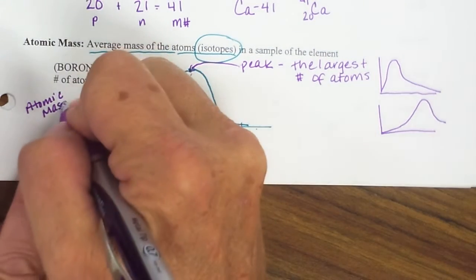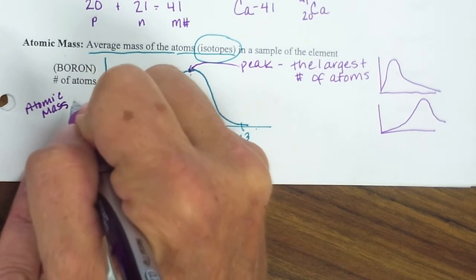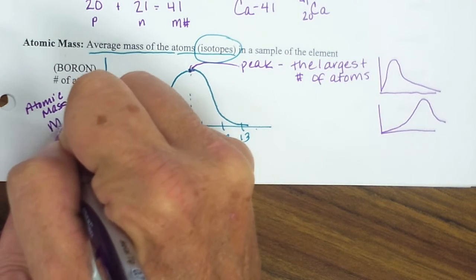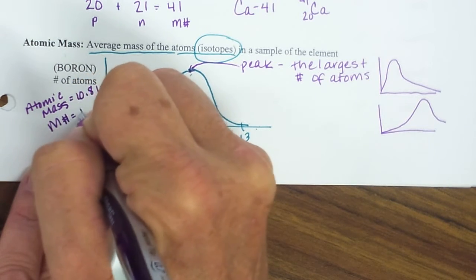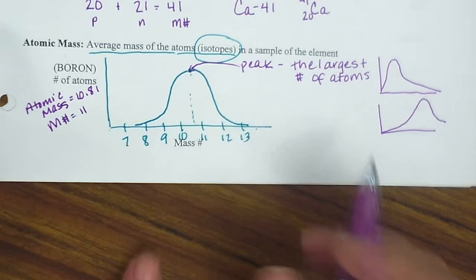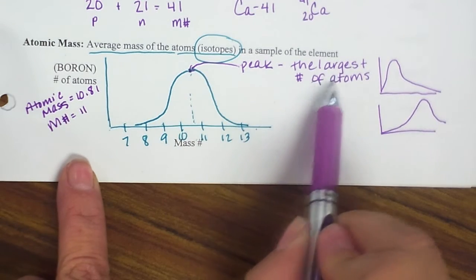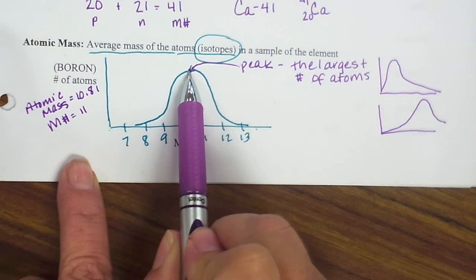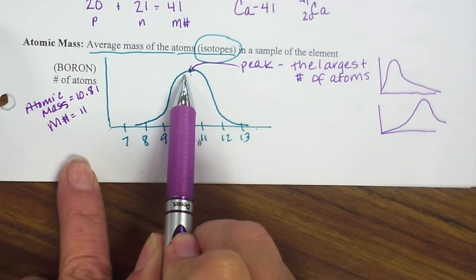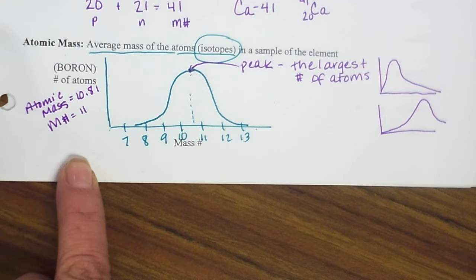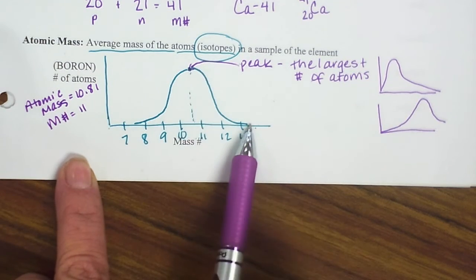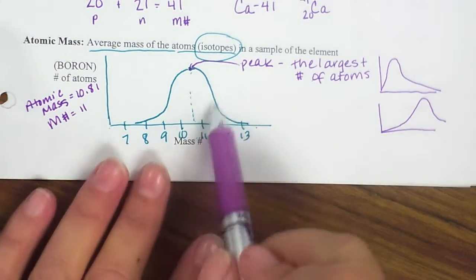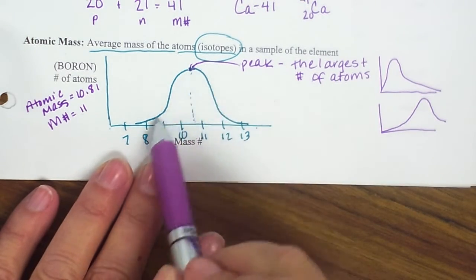Atomic mass is equal to 10.81, and then the mass number is equal to 11. So you can see the peak, the largest number of atoms, is right about 10.81, or 11, somewhere right around 10.81 or 11. So this would be the sample: I scoop up a scoop of boron. All my isotopes are included in here.